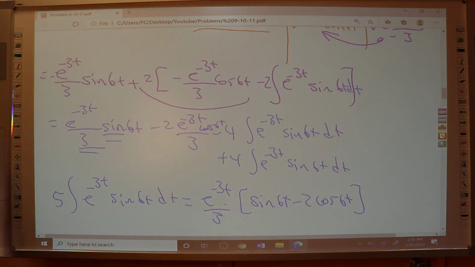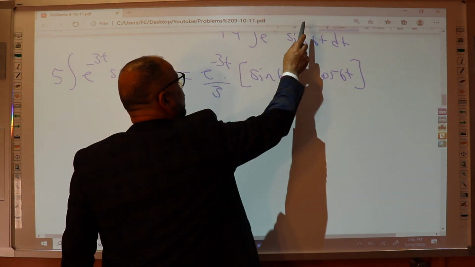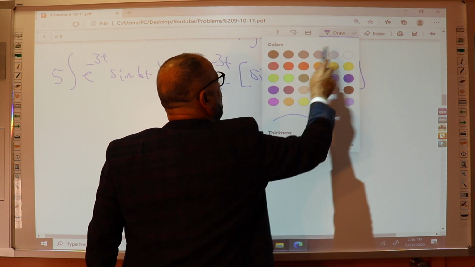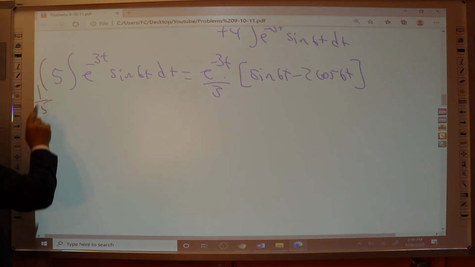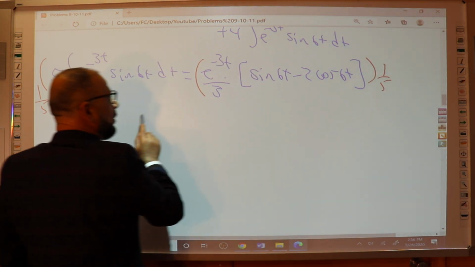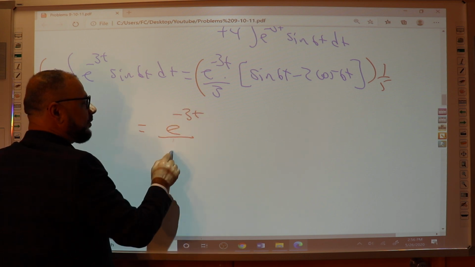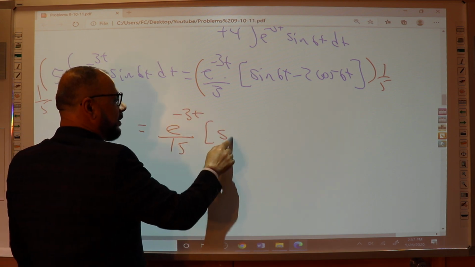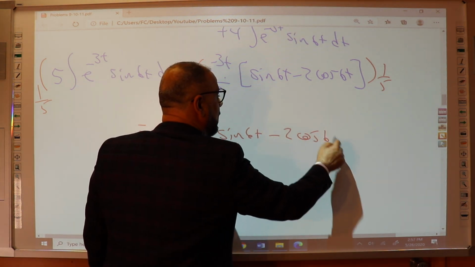Multiply both sides by 1/5. And this will be e to the negative 3t over 15 times sine 6t minus 2 cosine 6t.